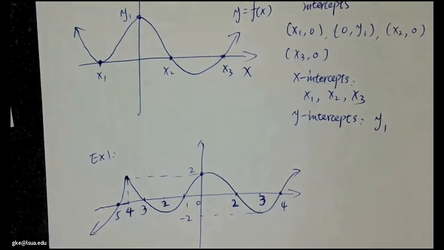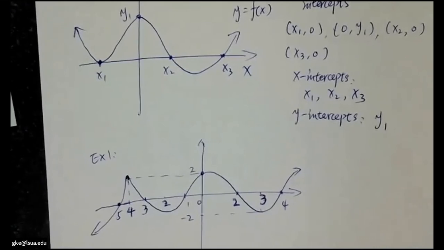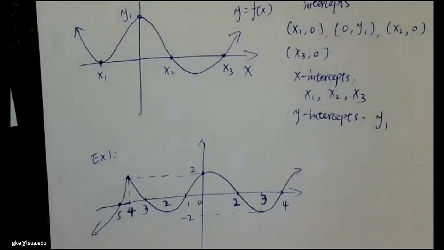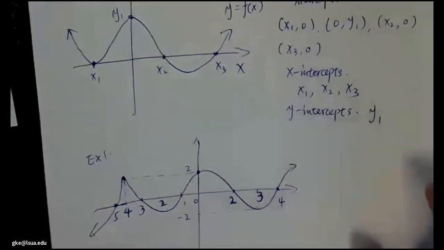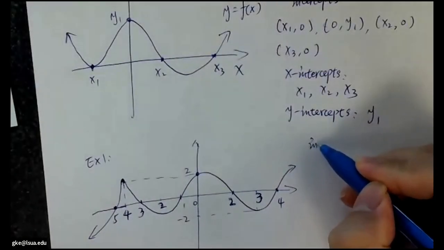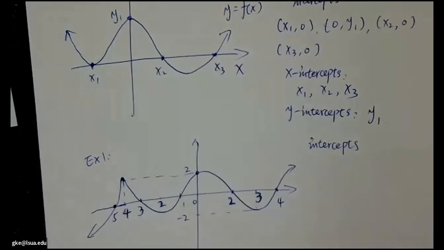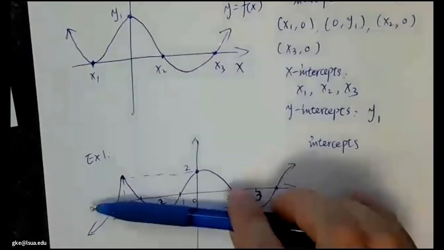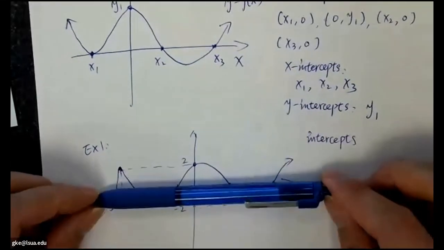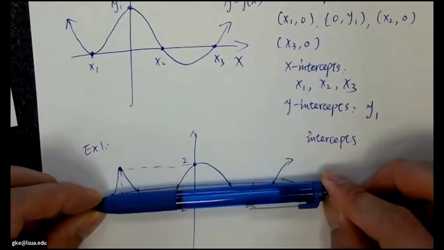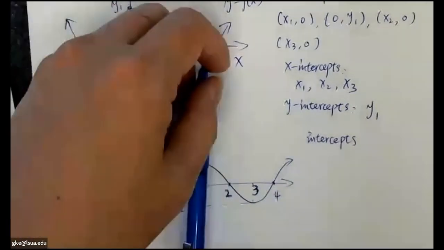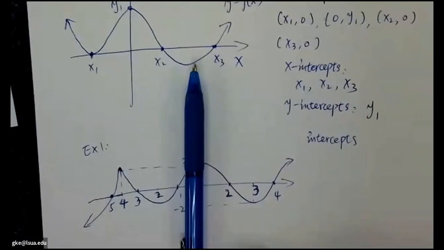Okay, I'm going to give you guys the answer on the board because I do not have much time. The intercepts. Based on the definition, the curve or the graph touches the x-axis and y-axis.